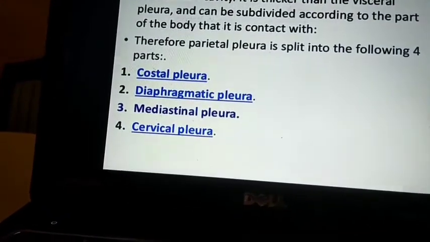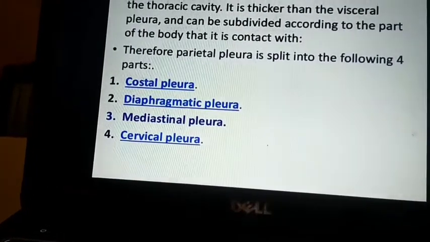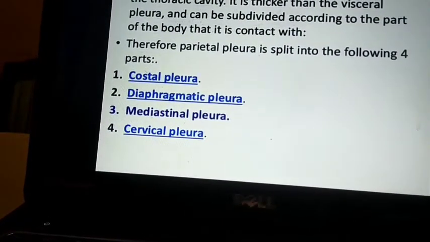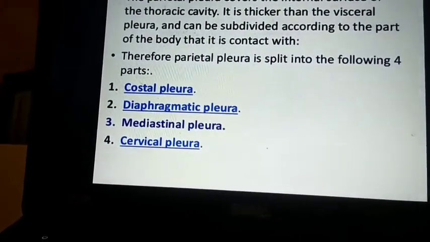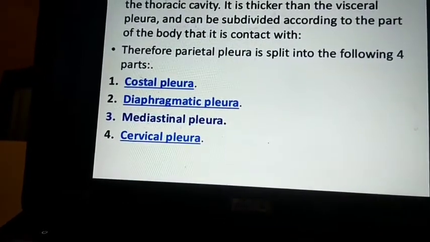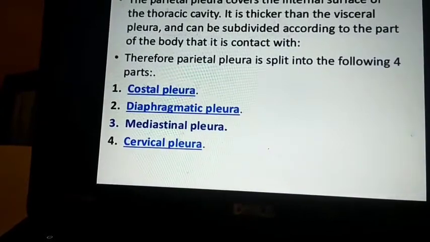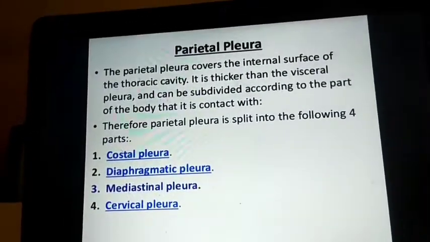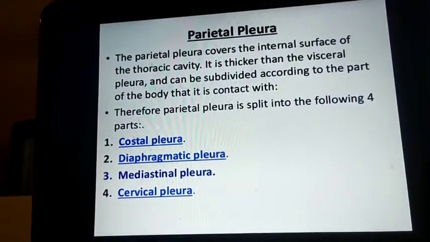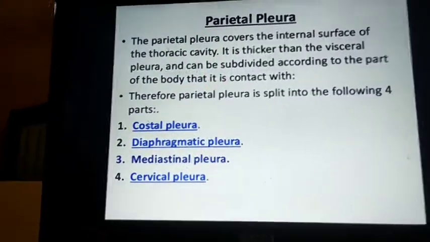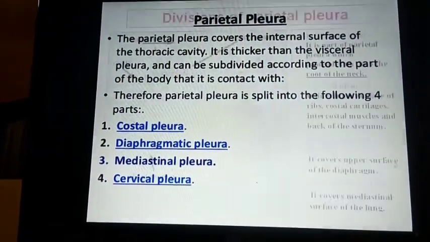Mediastinal pleura: the pleura lateral to the mediastinum. And cervical pleura: the apex of the lung is present in the cervical region, and the part of the pleura covering the apex of the lung is the cervical pleura.